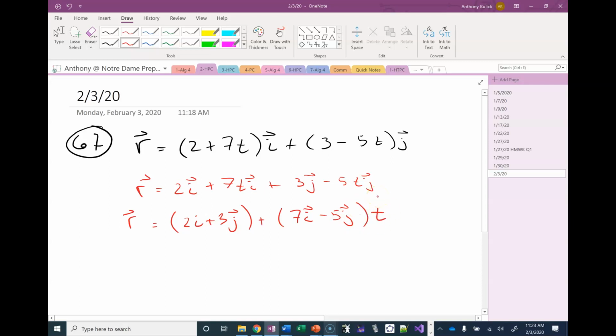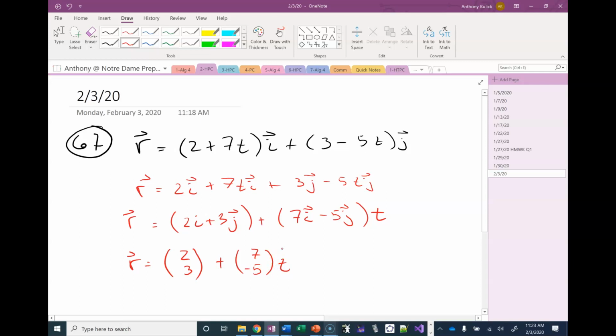Like this. Is that okay so far, Maya? Yeah. Okay. So 2i plus 3j is just the vector 2, 3. And the vector 7i minus 5j is just the vector 7, negative 5.